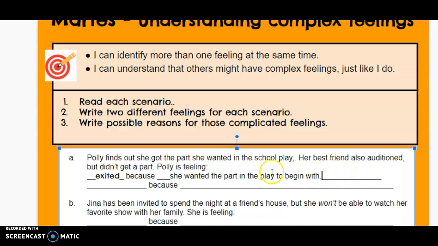Okay, but there is another option too. There is another feeling, and maybe I think that she's going to feel a little bit sad or concerned. I'm going to put concerned.